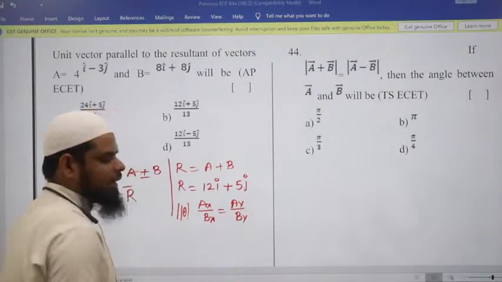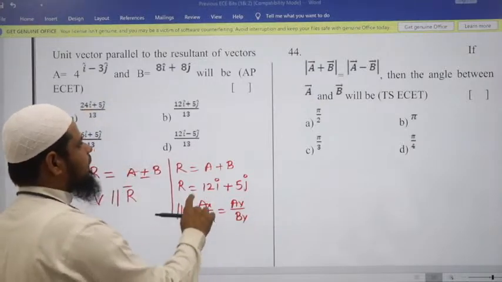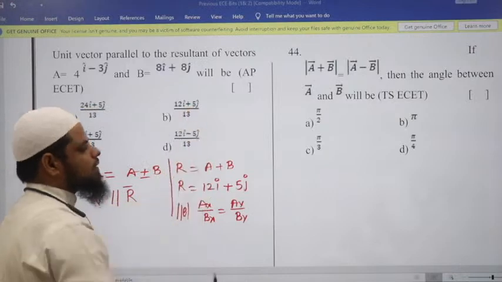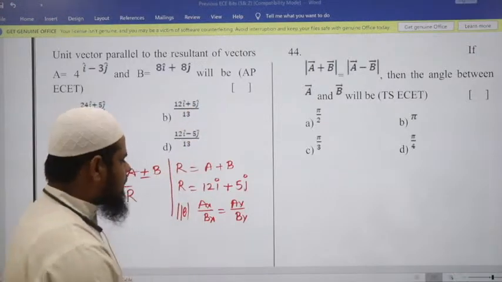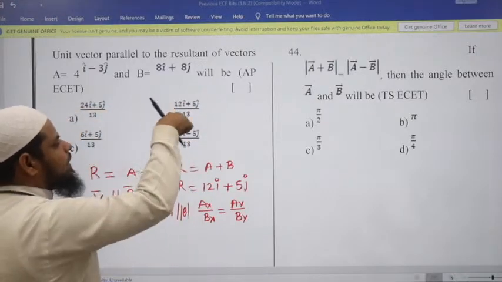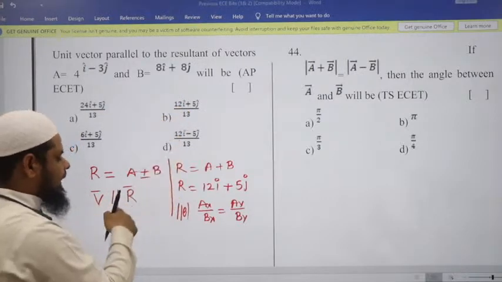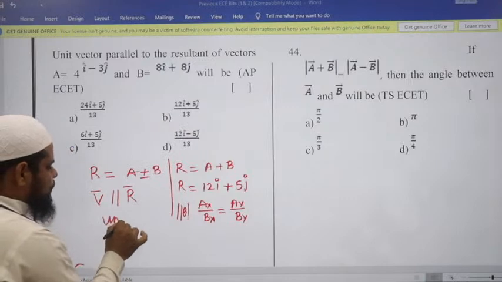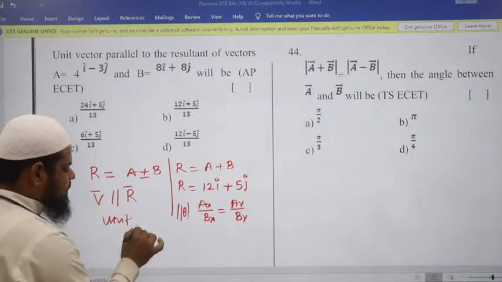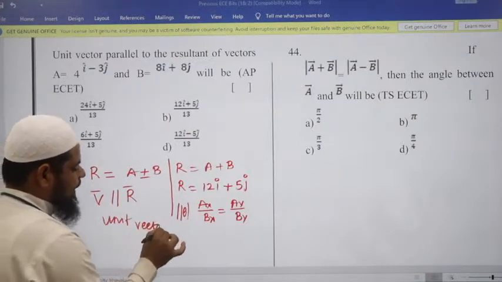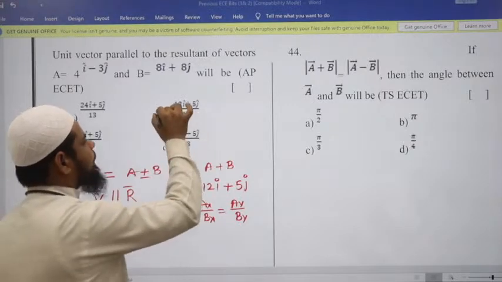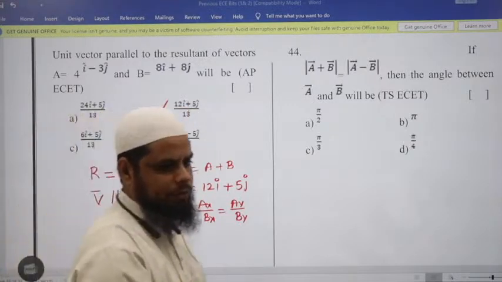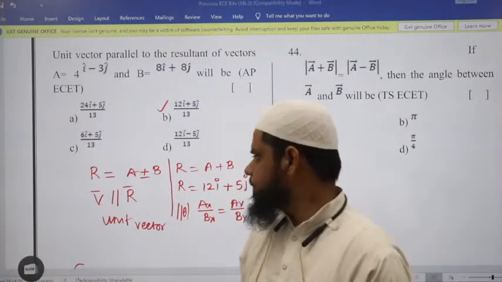In that way, if it is 12i plus 5j, I will go with 12i plus 5j. So that is my vector, 12i plus 5j is the vector. So what do I need? The unit vector. Not only the vector, the vector's unit vector I need. So since it is the unit vector, I am dividing with its own magnitude. I'll go for option B. Hope you understood. Very good.